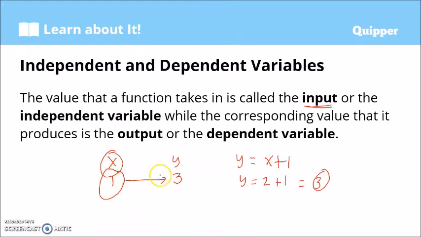And so, nag-produce siya ng value ng y, which in this example is 3. So, therefore, x is the input and y is the output. Similarly, x is the independent variable and y is the dependent variable, because values of y depend on the assigned values of x.